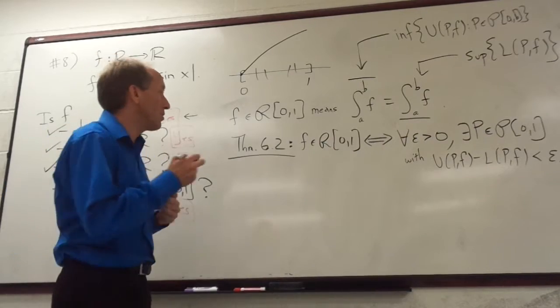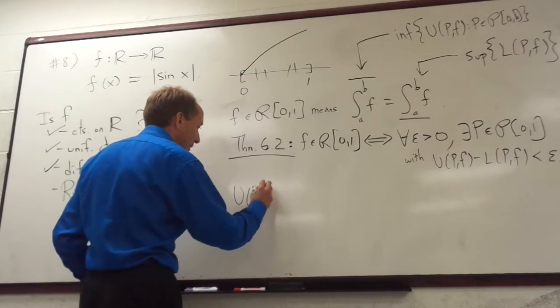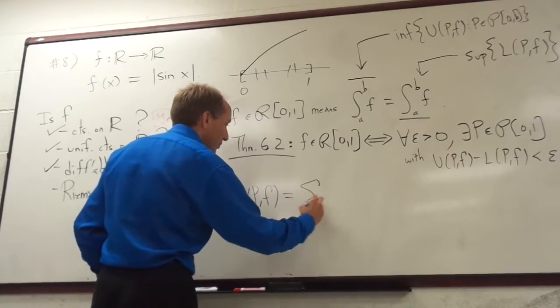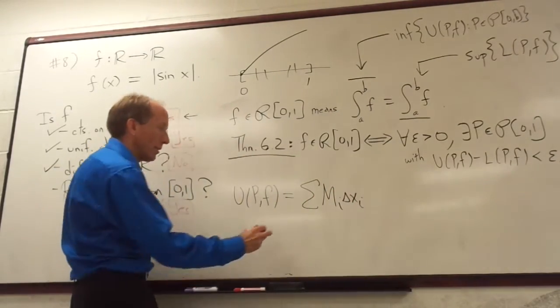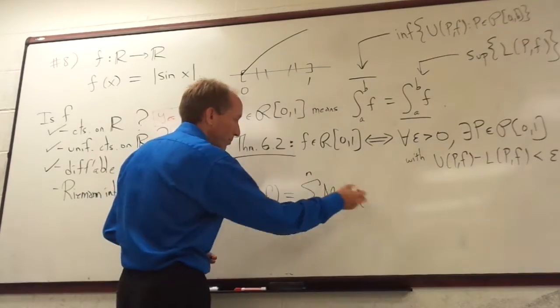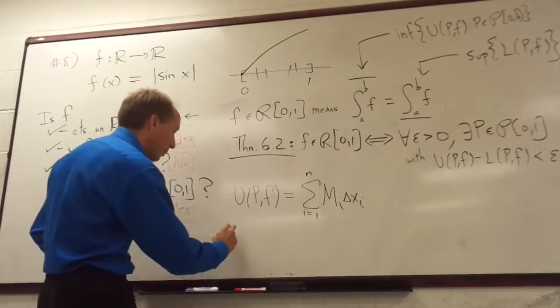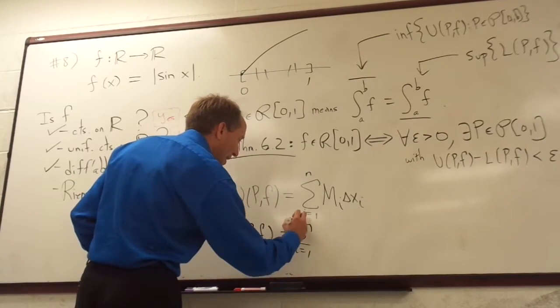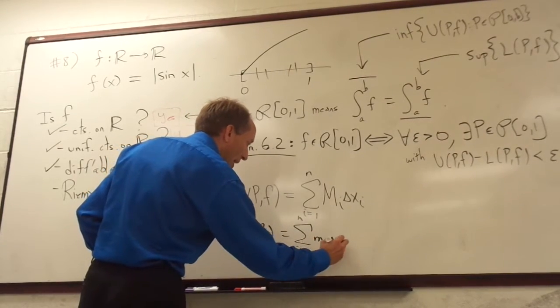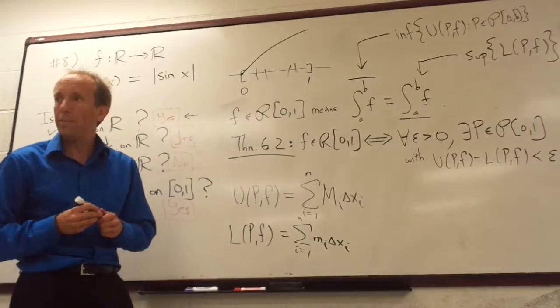Because it's increasing, so you remember how the UPFs are calculated? The UPFs are these capital Mi's times delta xi's over some set of terms, and the LPFs are the same exact sum with these little mi's times delta xi's.